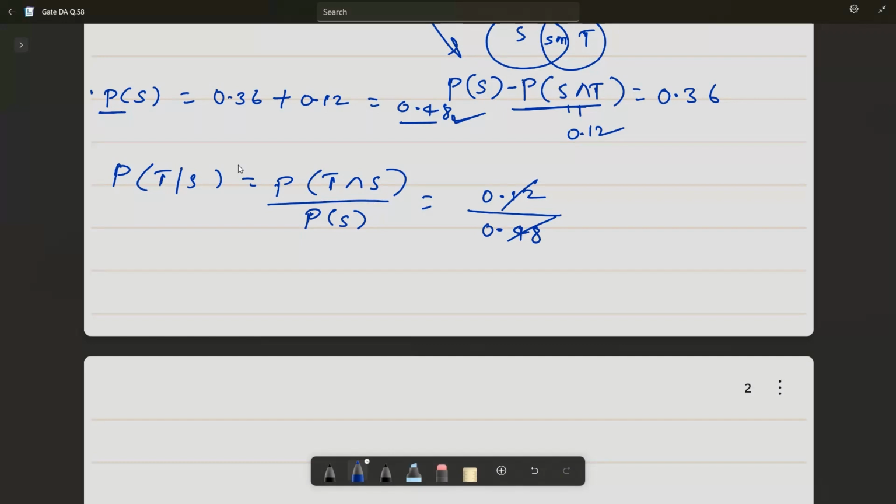We can cut this by 4, which means 1 by 4, so we get 0.25, up to 2 decimal places.